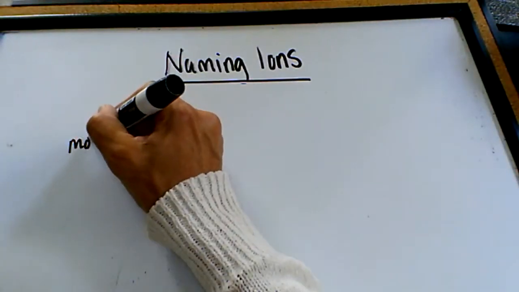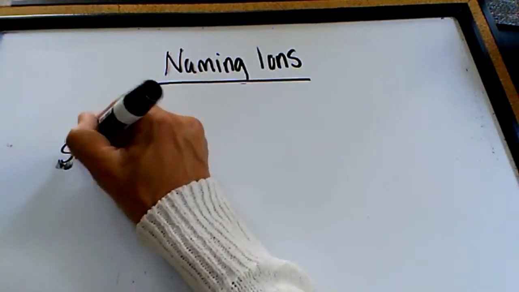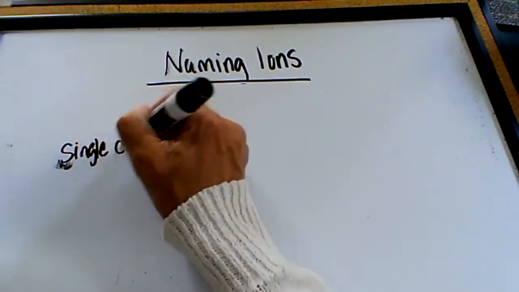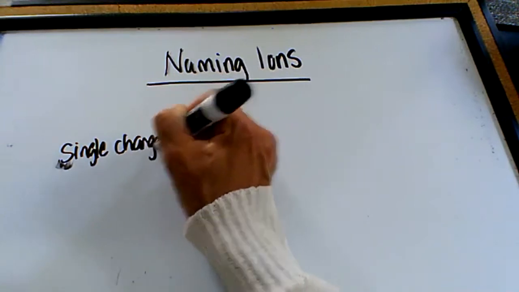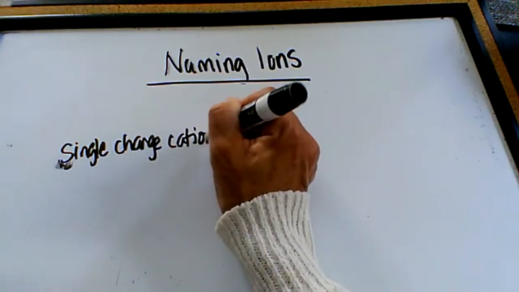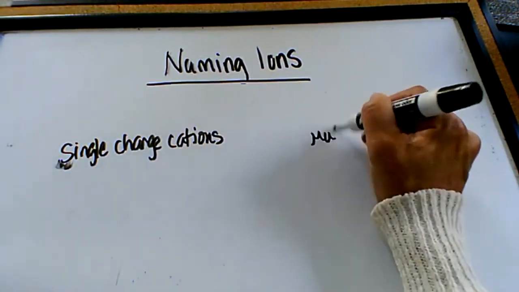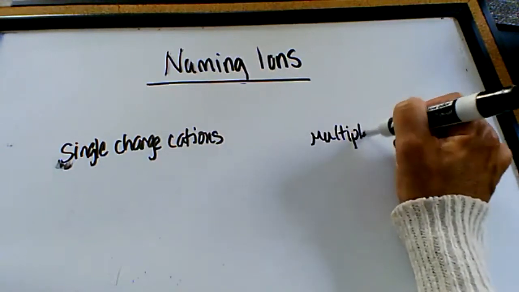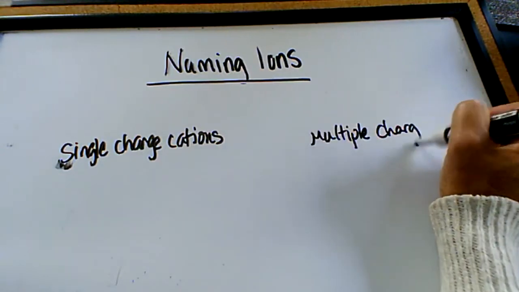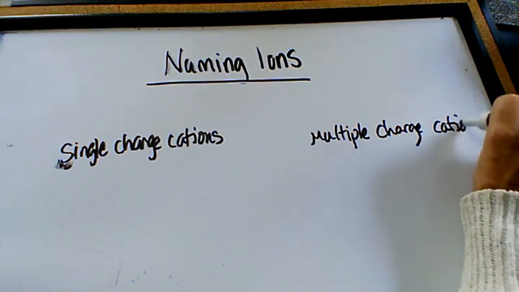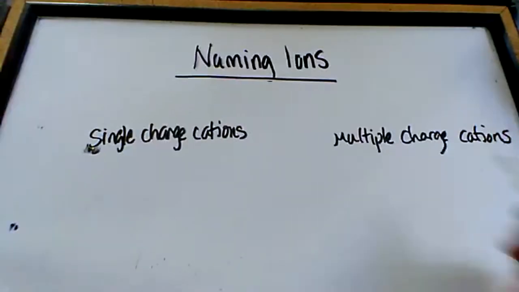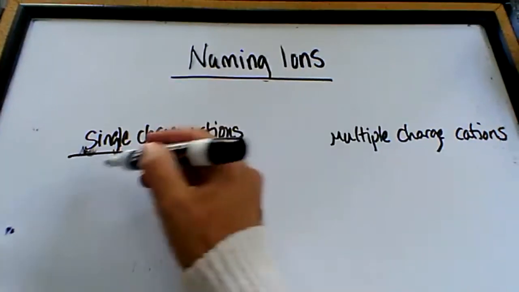I'm going to write this such that we have single charge cations, and multiple charge cations. I should have started with this.